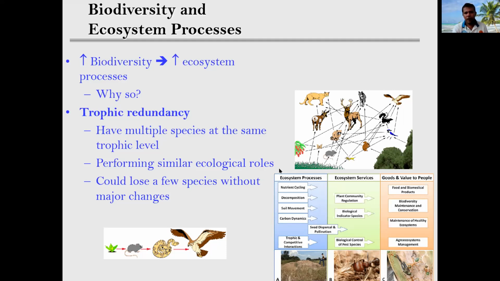But the ecosystem also has a lot of processes and services. As I said before, it's difficult to separate these two, ecosystem services and processes. When we say ecosystem services, in many places we include nutrient recycling, carbon dynamics or carbon sequestration. But really this is a process. At your level, you can just consider this as ecosystem services or ecosystem processes, but they're interconnected.